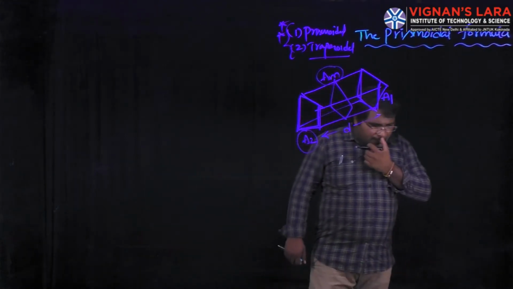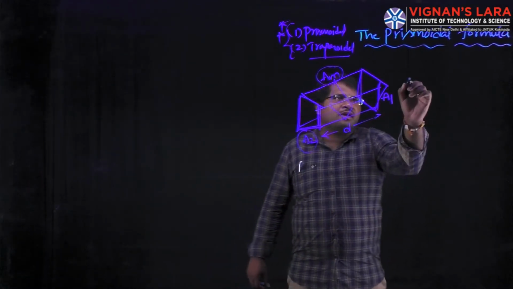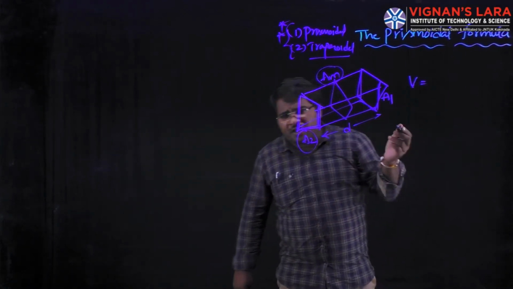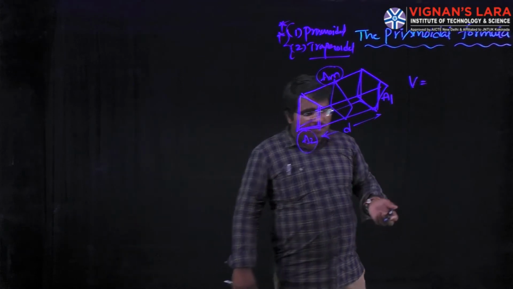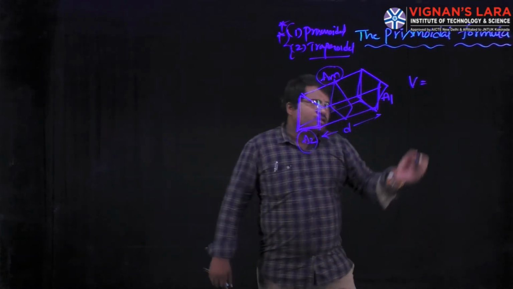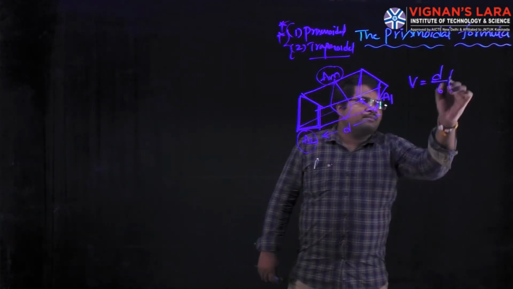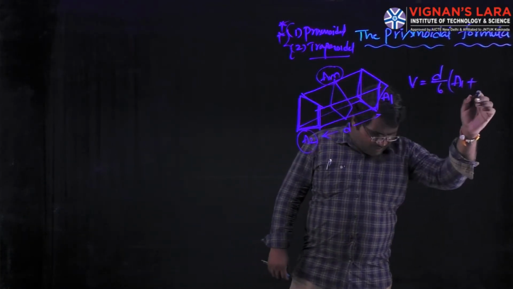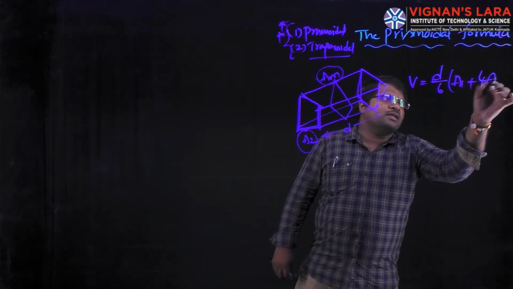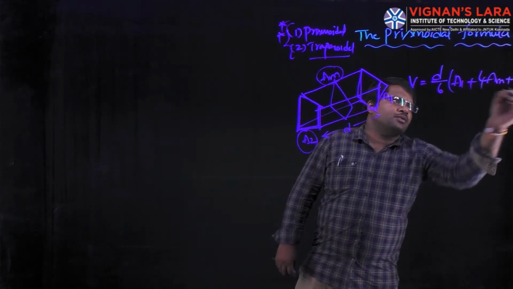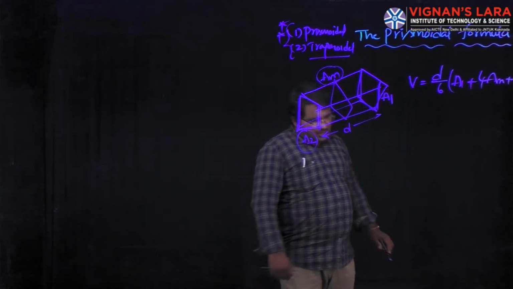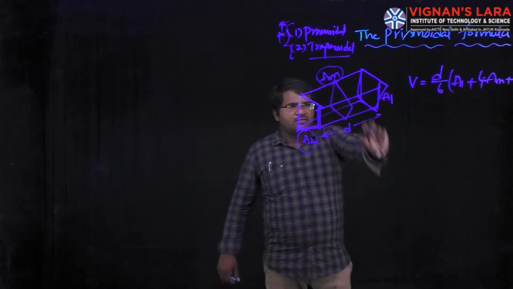According to the prismoidal formula, there is no need to derive anything; we write it directly: V = d/6 into (A1 + 4AM + A2).